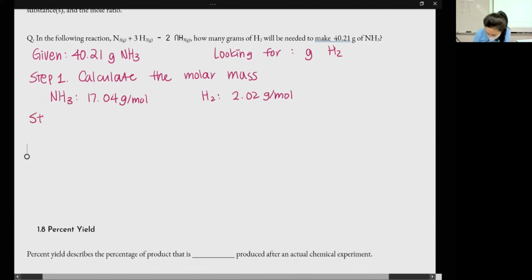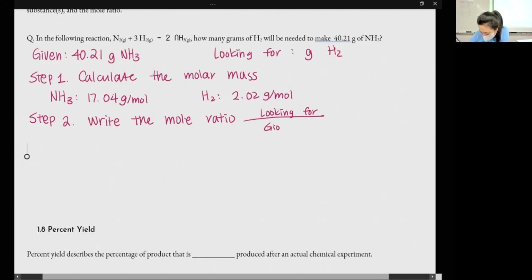Step 2, write the mole ratio. What we're looking for is on top and given is on the bottom. So it'll be mole of H2 on top and then mole of NH3 on the bottom.